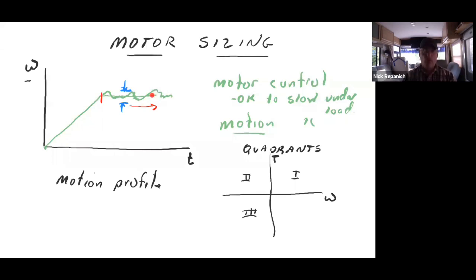So at some point you have to make a decision when you get out to here how to stop. Do you turn it off and just let it coast? When it coasts, as it just kind of coasts down here, at some point it may not even be linear at all.